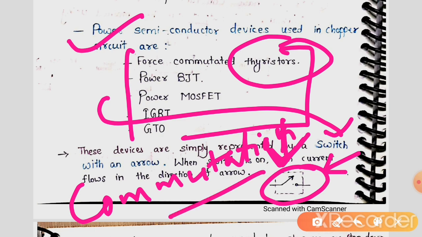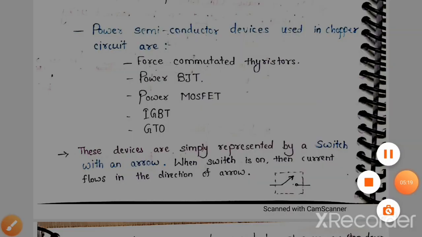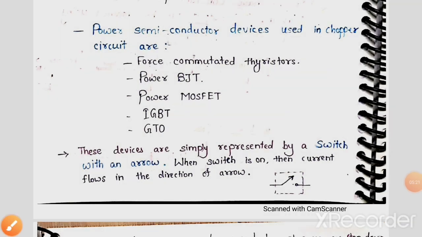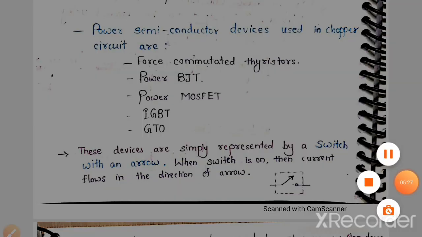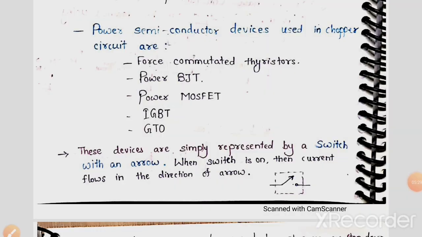The commutation circuit required for the thyristor, as well as the turning on and turning off circuits, will not be shown here for simplicity.